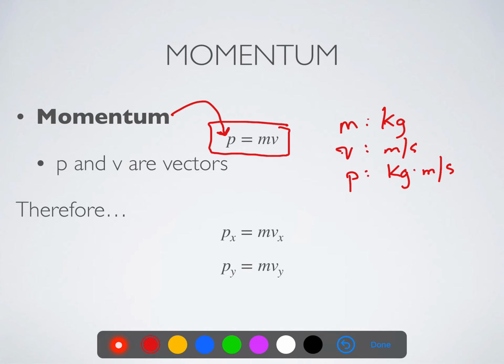Pretty easy to remember. Momentum and velocity are both vectors, which means they have a magnitude and a direction. Because of that, we can split momentum into components, an x component and a y component, based on the direction of that velocity. That velocity has an x component and a y component as well.